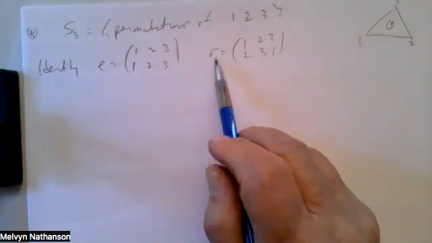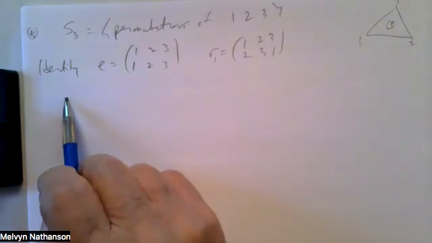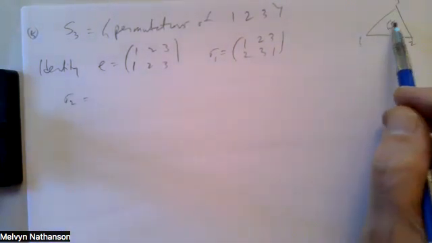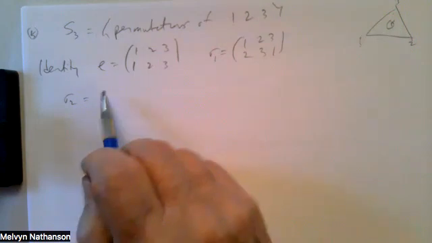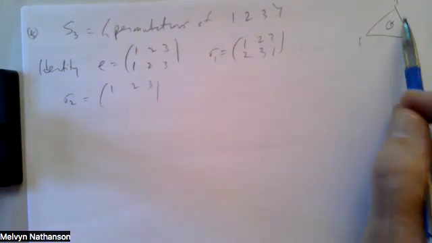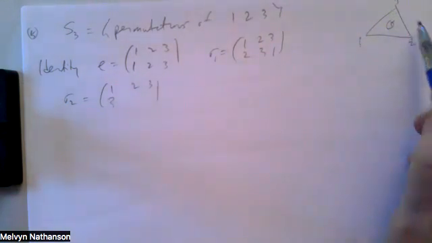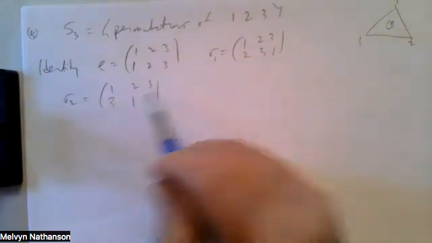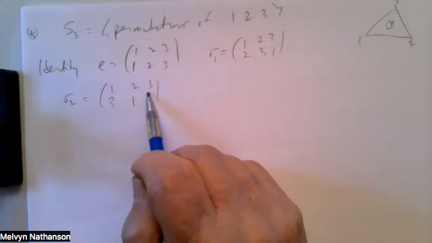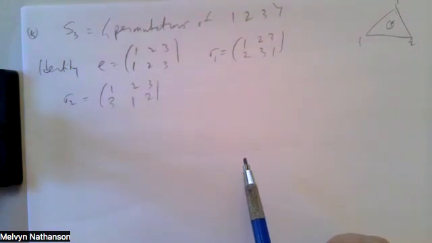Let's call this sigma 1. And you might have the rotation sigma 2, which rotates 4 pi over 3. So 1 goes to 3, 2 goes to 1, 3 goes to 2. So that's the third permutation.